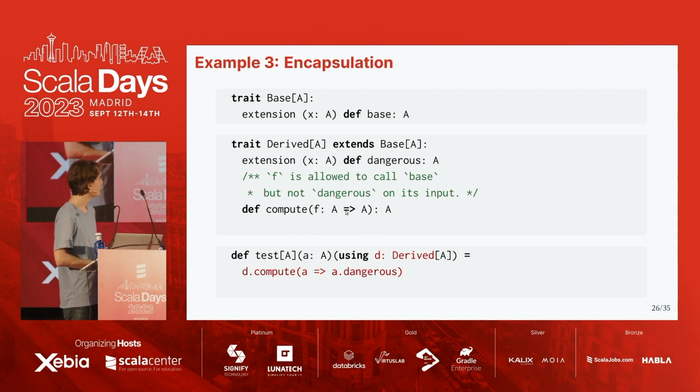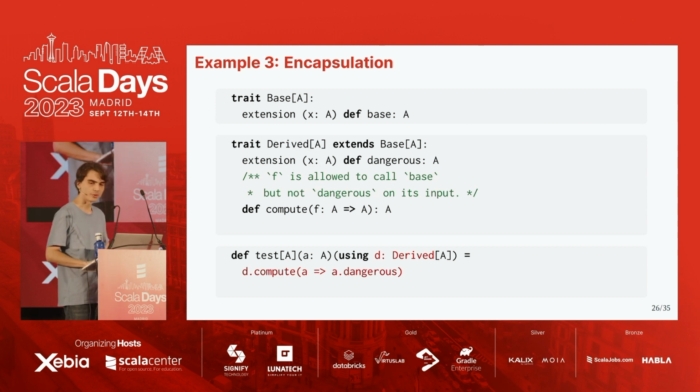But with this, I've decided I don't want to let the user call dangerous inside that callback. It's a requirement: when you're calling this method, your callback is not allowed to call dangerous. So I can put it in the documentation, but ideally I'd like to put it in the type system so users don't accidentally do it.